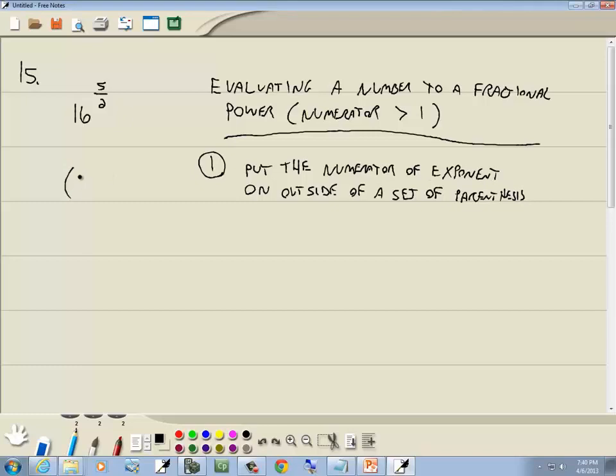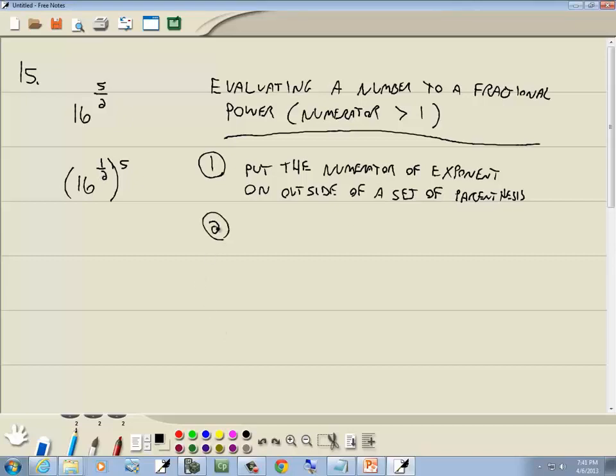So this is going to become 16 to the 1/2 power raised to the 5th power. Now notice I took the numerator, which is 5, and put it on the outside of the set of parentheses. Now where the 5 was in the exponent, I put a 1.